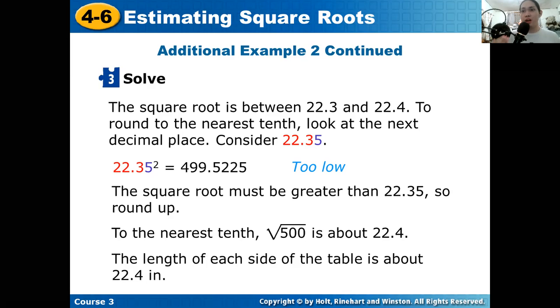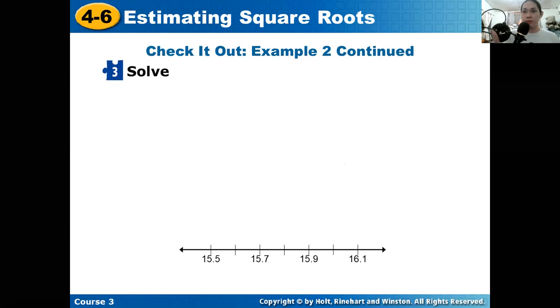We round up 22.35, since 22.35 is too low for the estimated value for the square root of 500. That's why we take 22.4 as the approximate or estimated value for the square root of 500. I hope you'll be able to get that. So now let's check it out.